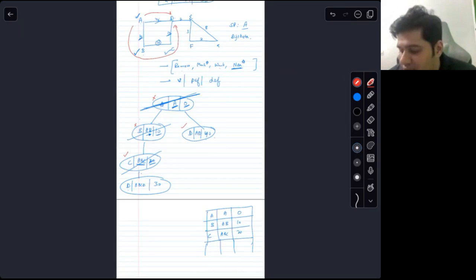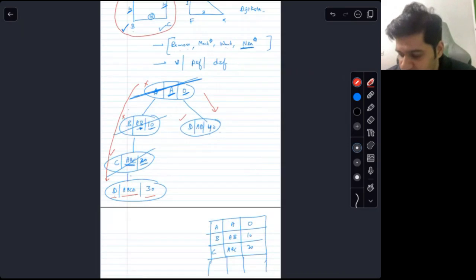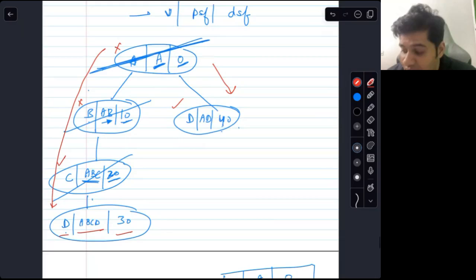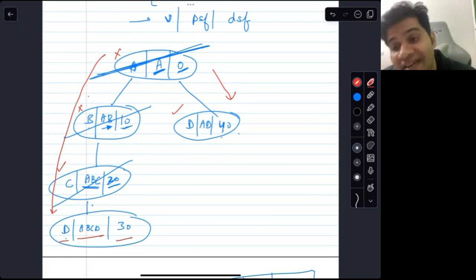This is the path ABCD. The algorithm has detected the path ABCD from A to D. This algorithm represents that both paths got detected.